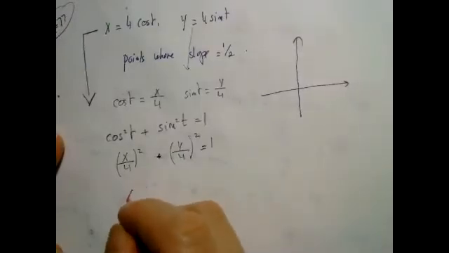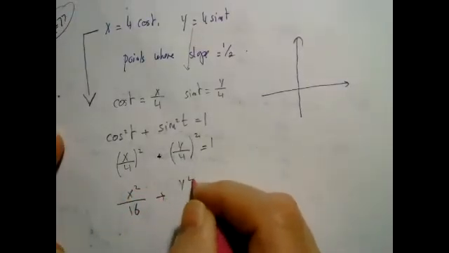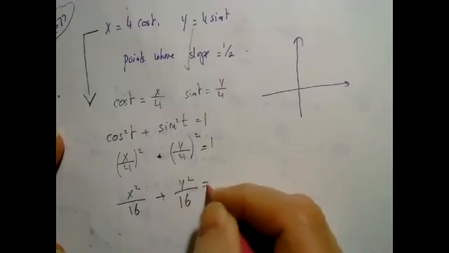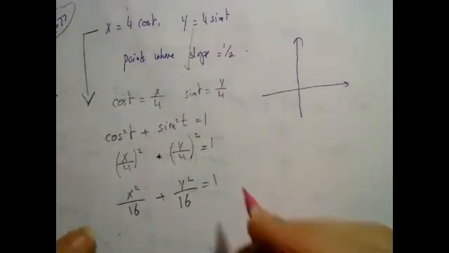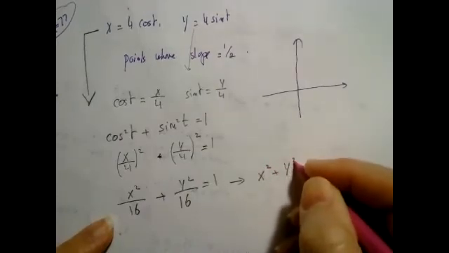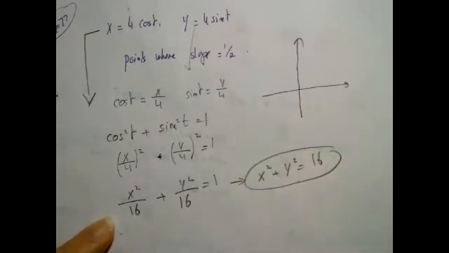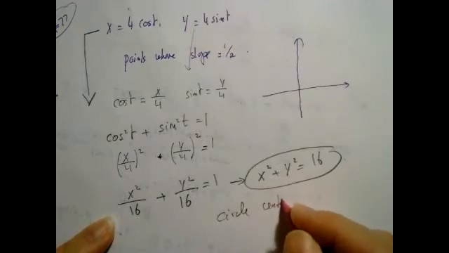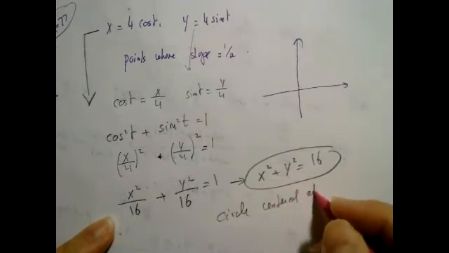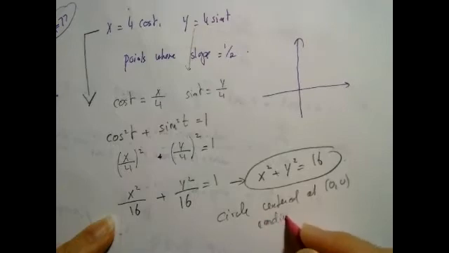It means that x squared over 16 plus y squared over 16 is equal to 1. I multiply by 16 across, I get x squared plus y squared equal 16. That's a circle centered at 0 with radius 4.